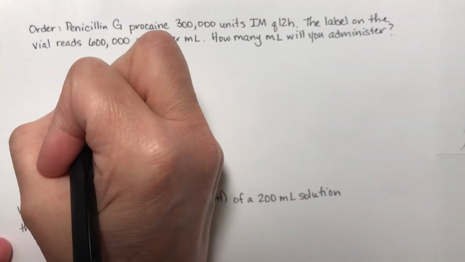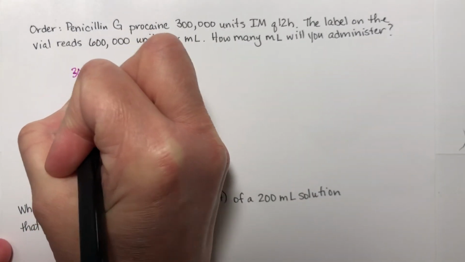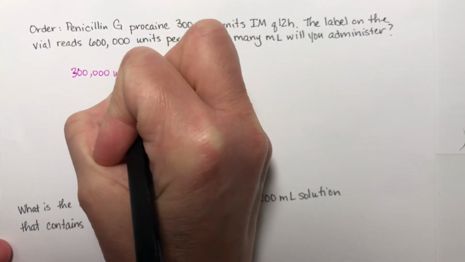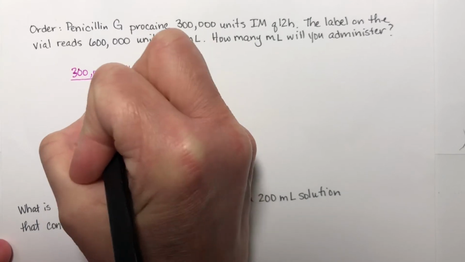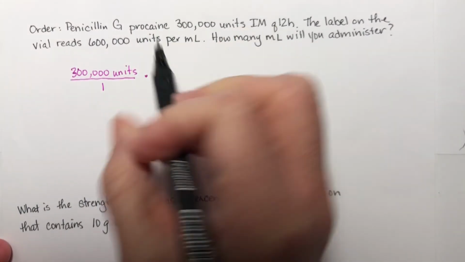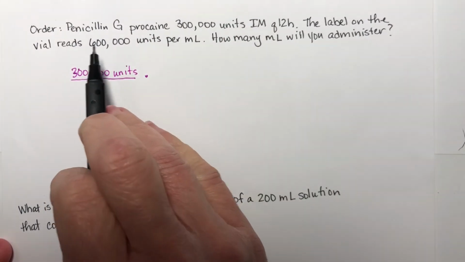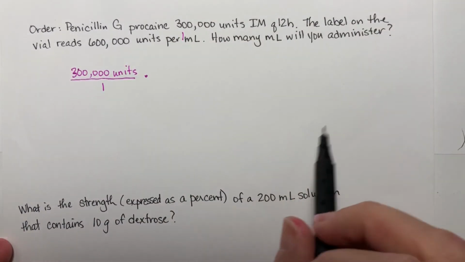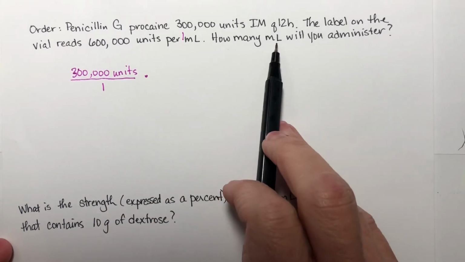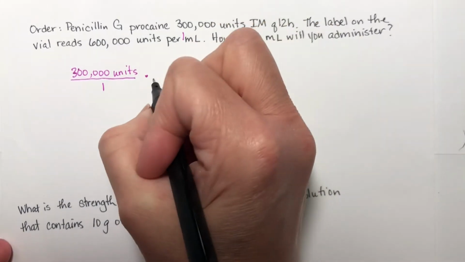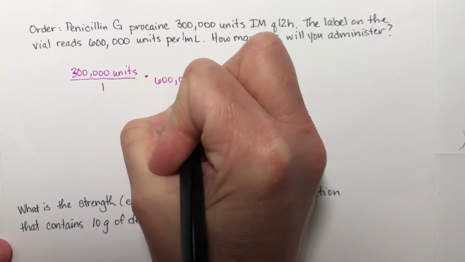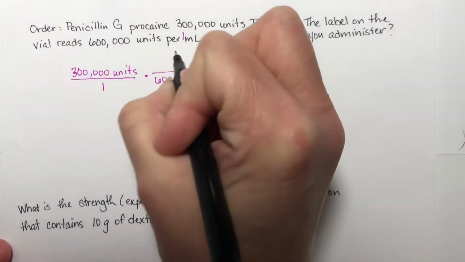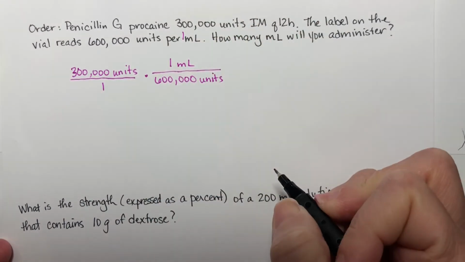Okay, so we start off with the order, which is 300,000 units over 1. The vial has 600,000 units per milliliter. That's per 1 milliliter there. And I want to cancel out the units because I'm asked how many milliliters. So I'm going to put the 600,000 units in the bottom, and that's for 1 milliliter in the top.